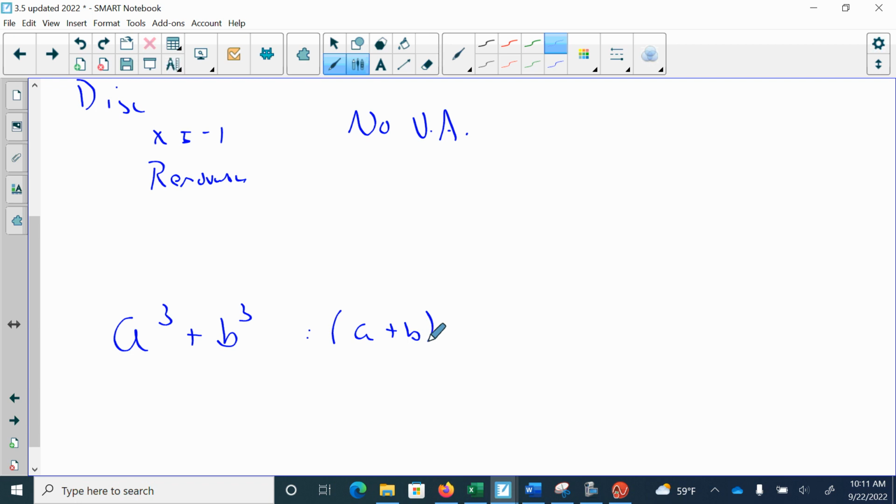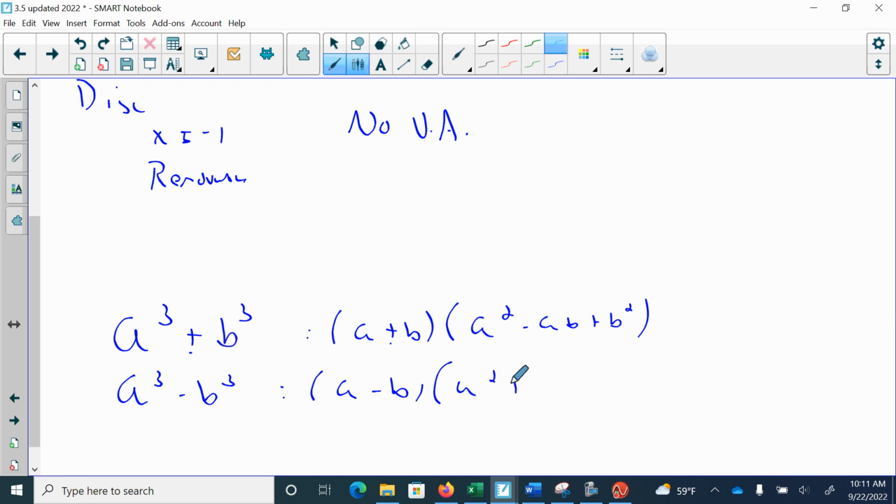The sign stays the same, so if this is a plus, it stays a plus. Then you do a squared minus ab, and then always plus b squared. If this were a cubed minus b cubed, this would be a minus b, because that first sign stays the same. A squared, now that sign changes, and the last sign is always plus.